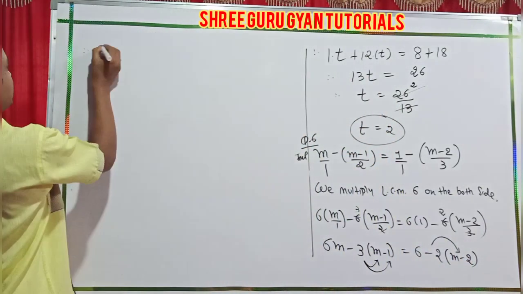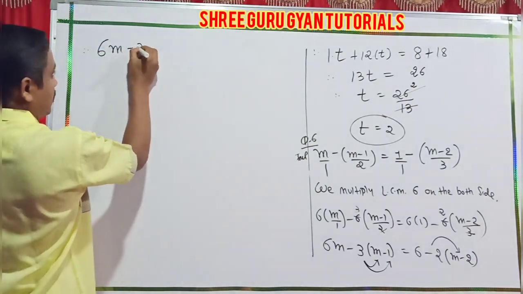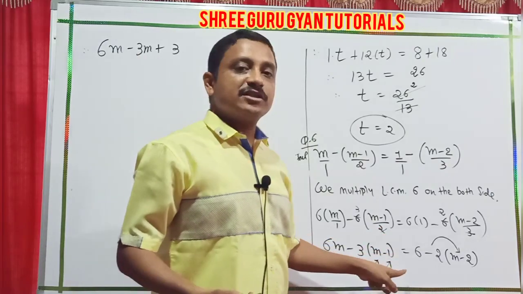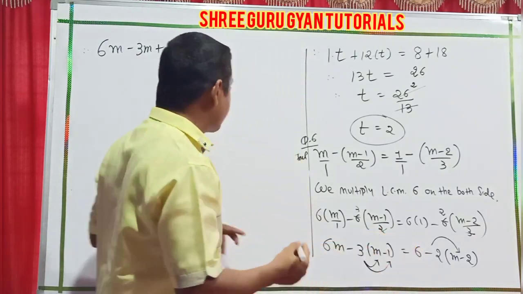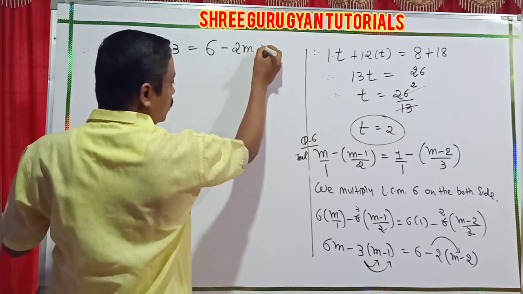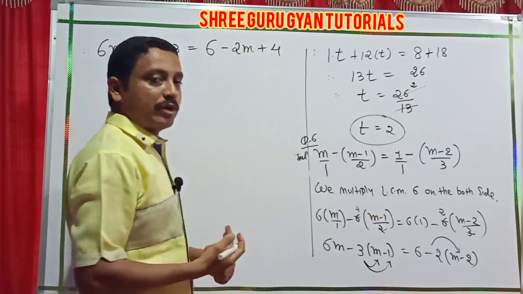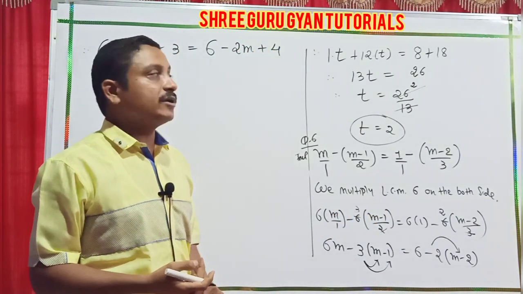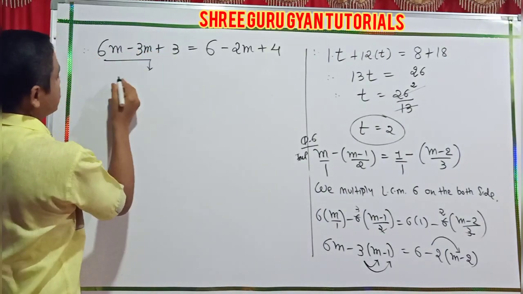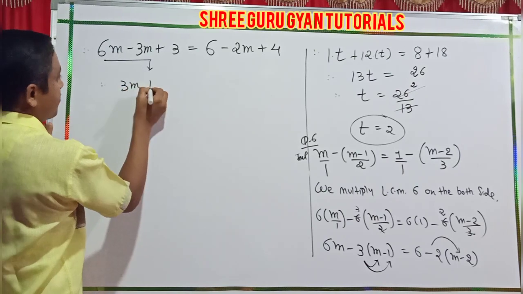So you get 6m minus 3m plus 3 ones are 3 is equal to the right side 6, here 2m and 2 2s are 4, minus, minus, plus. So finally you get 6m minus 3m, the like terms, which is 3m.